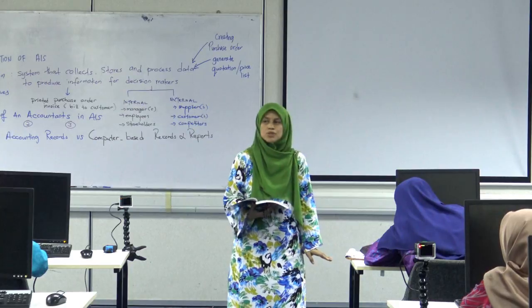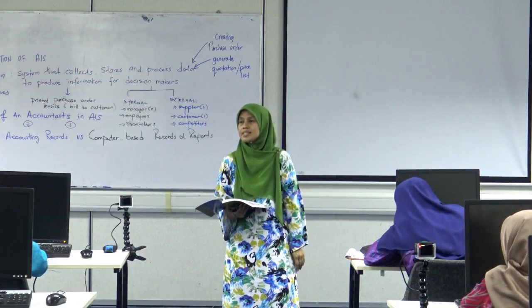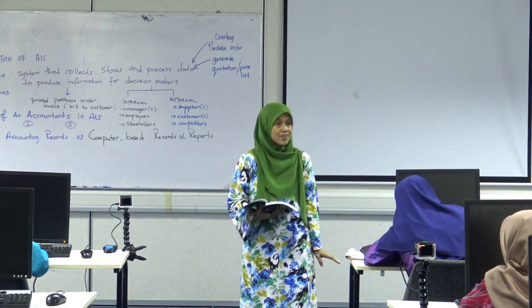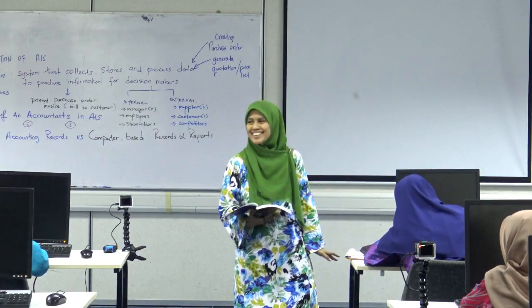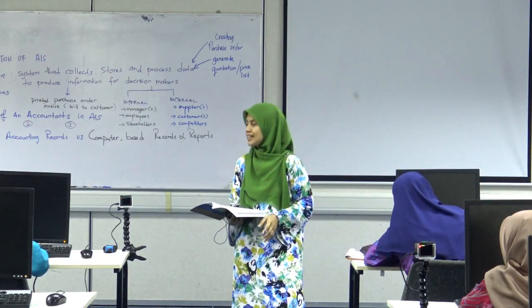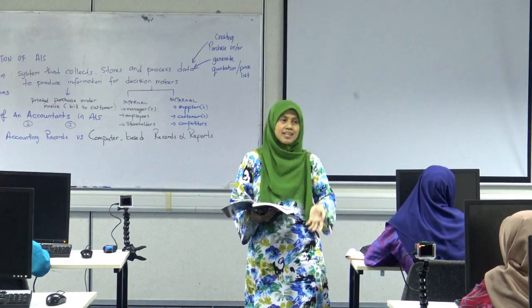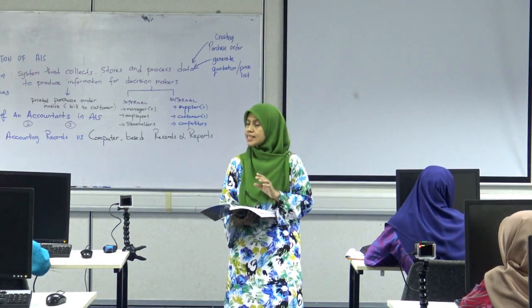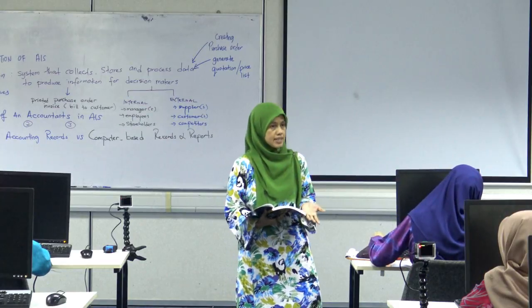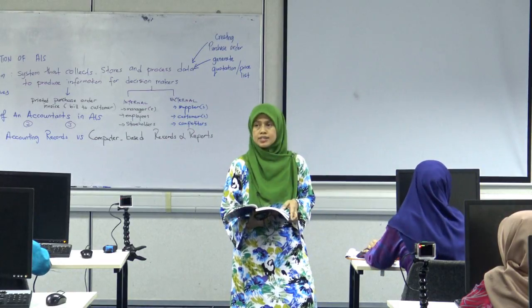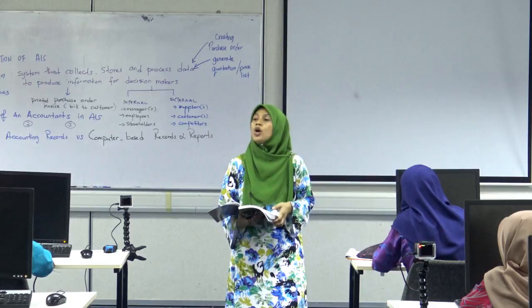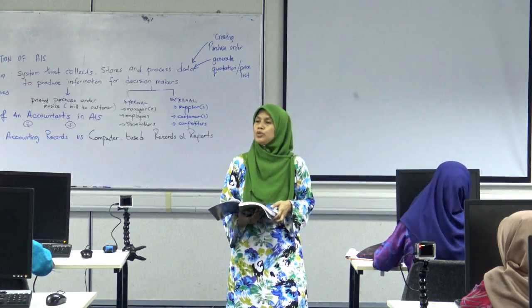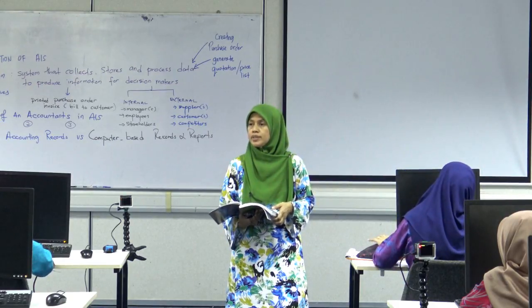Betul tak? So what can be done in the system? You can check on inventory on hand. Berapa banyak inventory ada kat tangan? Is there any outstanding order by your customer? If let's say you have an outstanding order by a customer of 30 units, but in hand you only have 20, should you urgent the placement of the order?